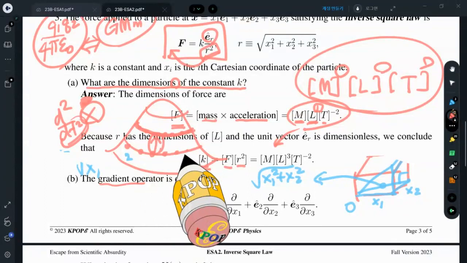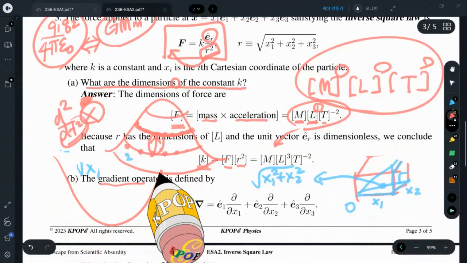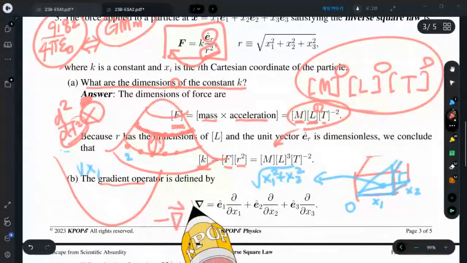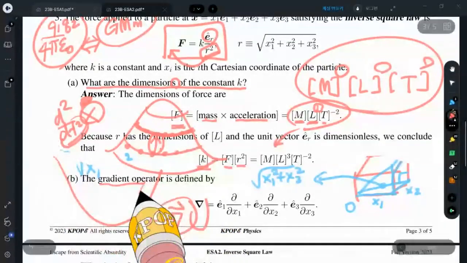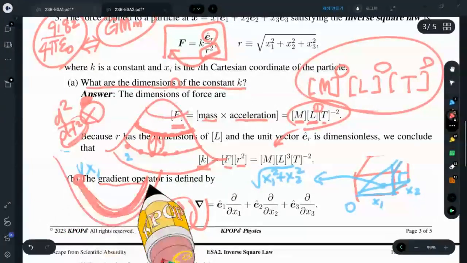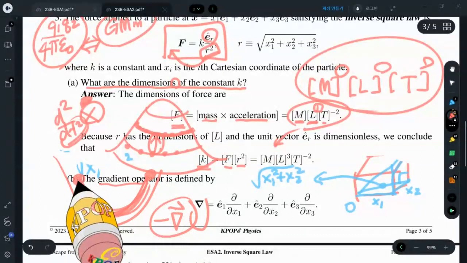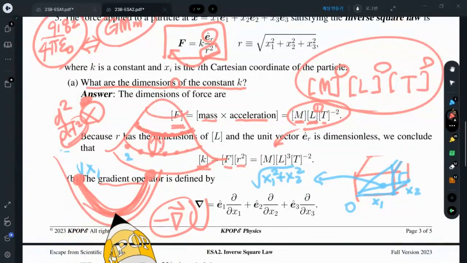Okay? In physics, if there's a potential energy, then the direction of a force is minus the gradient of the potential. Why? This is a potential. If you roll a ball, it moves around here. A particle always wants to move from higher potential to lower potential.